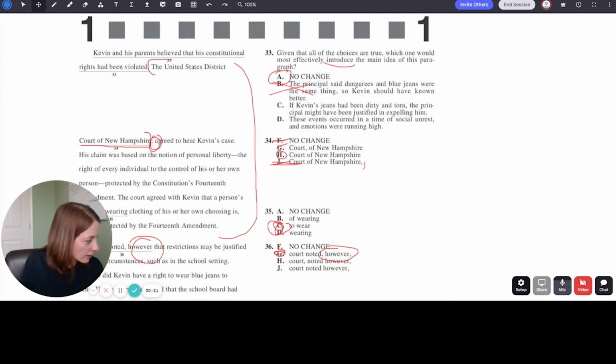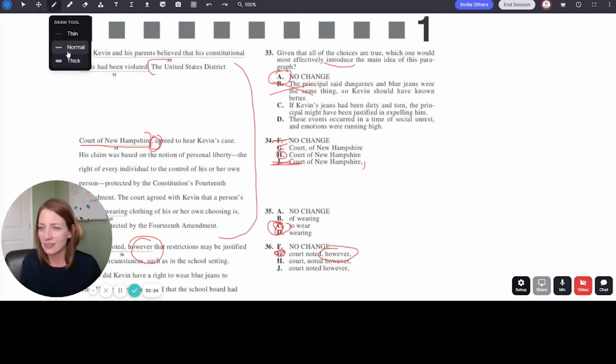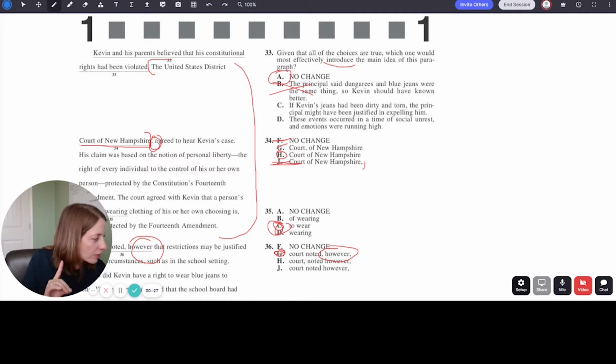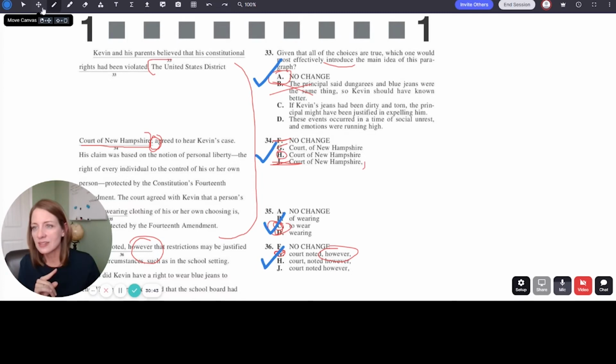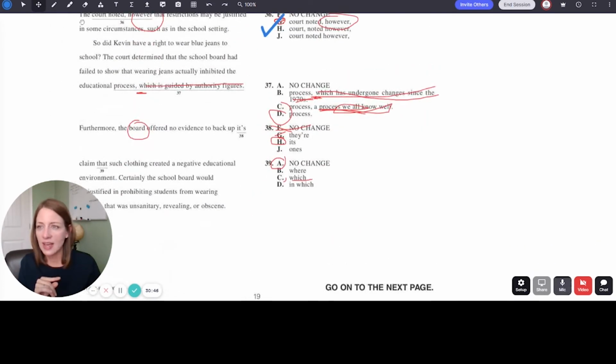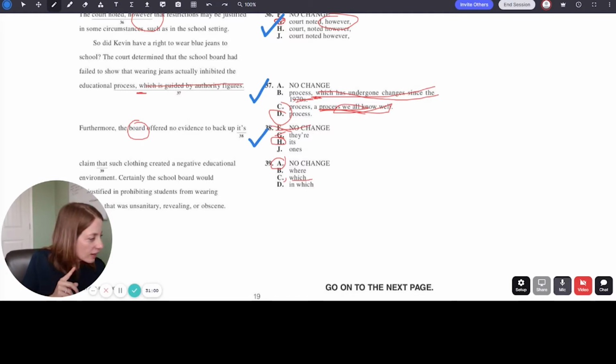Okay, 33. Let me be fast in this. 33A, yes. 34H, yes. 35C, sweet victory. 36G, yes. 37D, happy about that. 38H, 39A.